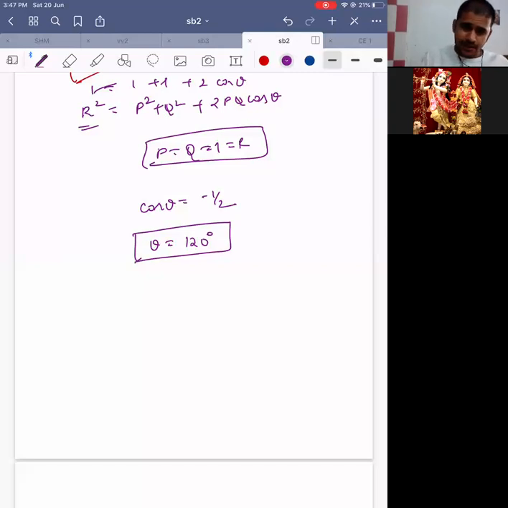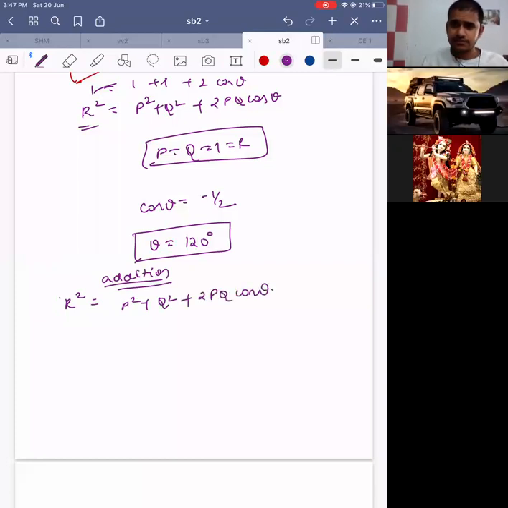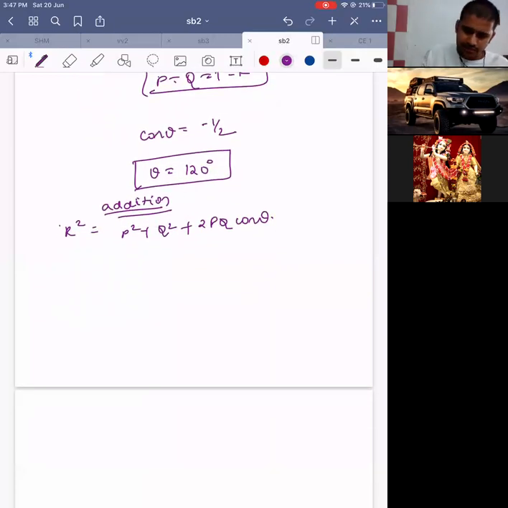So when there is an addition of the vectors, the formula is R square is equal to P square plus Q square plus 2PQ cos theta. When there is a subtraction of the vectors, R square is equal to P square plus Q square minus 2PQ cos theta.